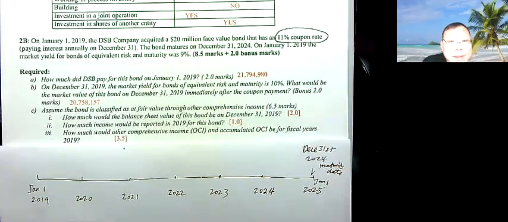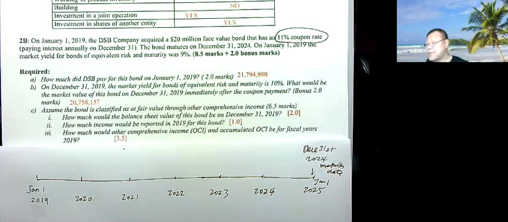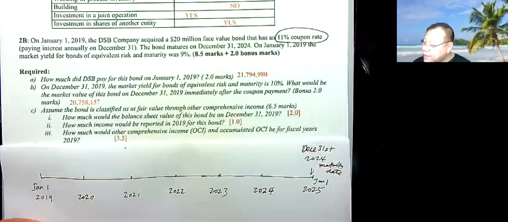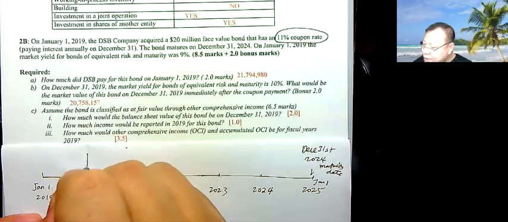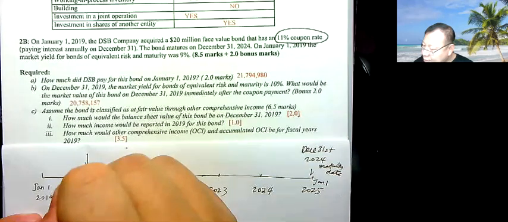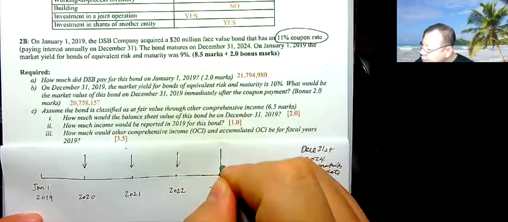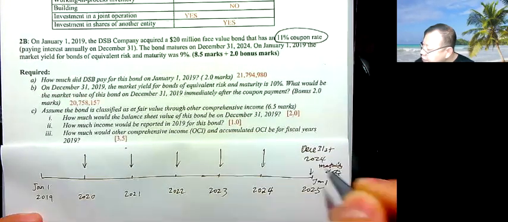That's the timeline. And we know the interest payment is made annually, on December 31st. So the interest cash flow is here, at the end of the year, December 31st.